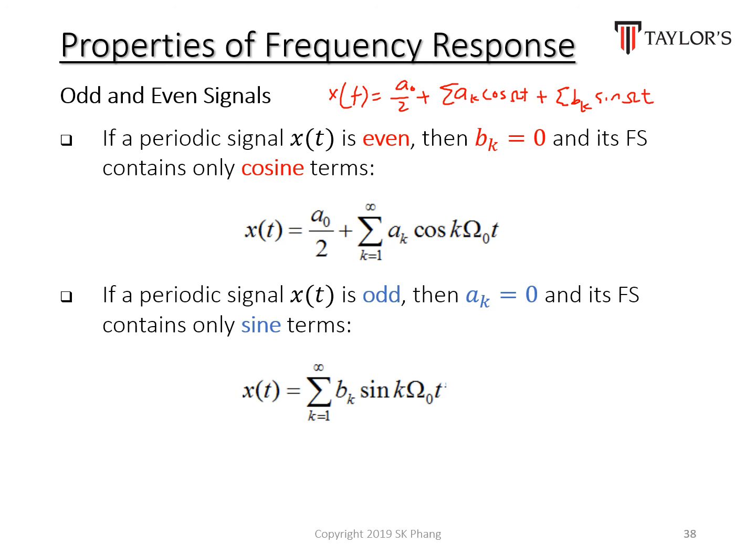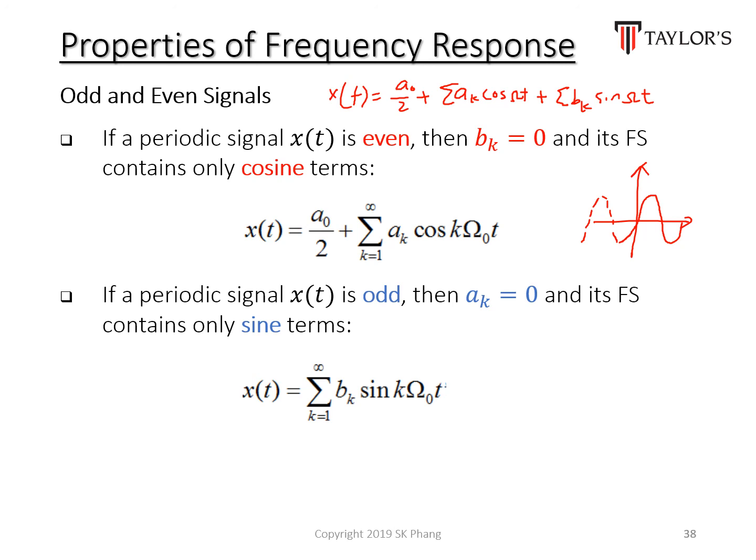If you look at these signals, you can imagine if your signal is an odd signal. For example, your sine wave is an odd signal because the negative side is the reflection of it. The positive and negative are totally opposite.